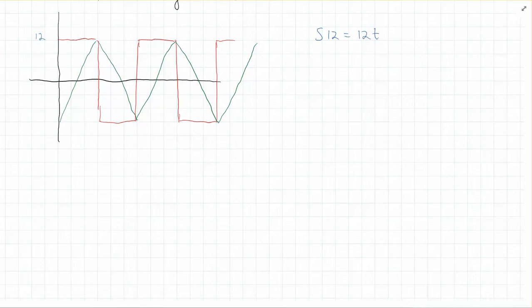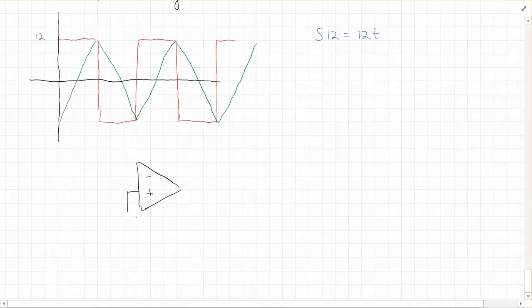Well, we should know how to integrate. What's the circuit that we have for integration? Minus, plus, ground it, and I'll put here Vin, Rin, C feedback.